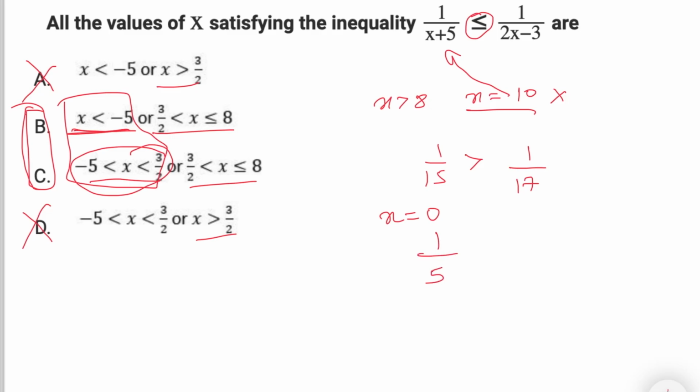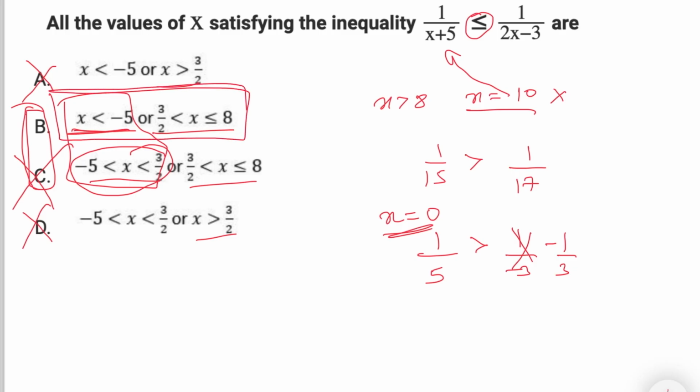The right hand side will become 1 upon 2 into 0 minus 3, 1 upon minus 3, or simply minus 1 upon 3. Once again, we know that 1 by 5 is greater than minus 1 by 3, but we want the left hand side to be less than or equal to the right hand side. So C option is not possible because x equal to 0 is not an acceptable value of x. What we get is the correct answer only, that is option B by elimination.